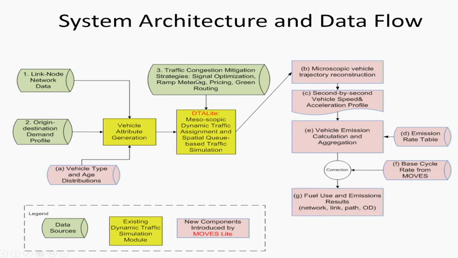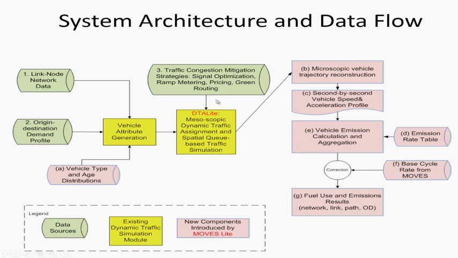Number three, we can model a set of scenarios such as traffic work zone, traffic pricing, signal optimization, and ramp metering, a number of those traffic-related scenarios in our simulation engine. If you try to consider some emission applications, you need to consider vehicle type, and you need to consider the age distribution for different operating modes.